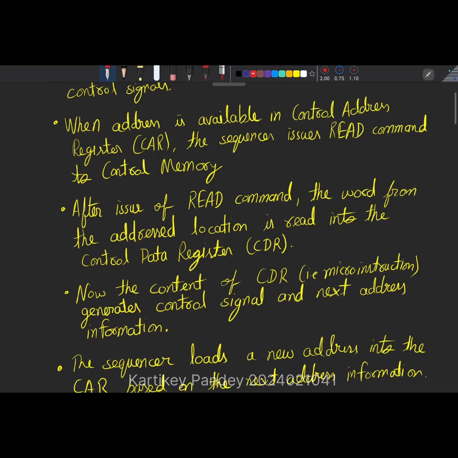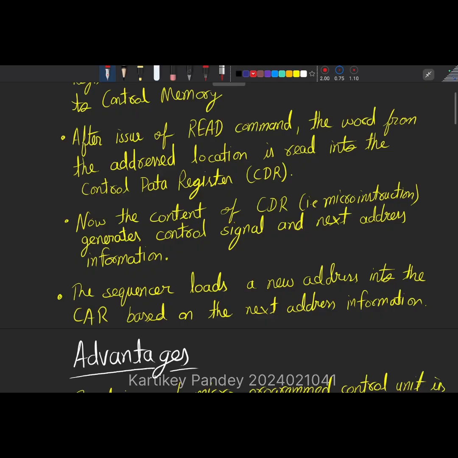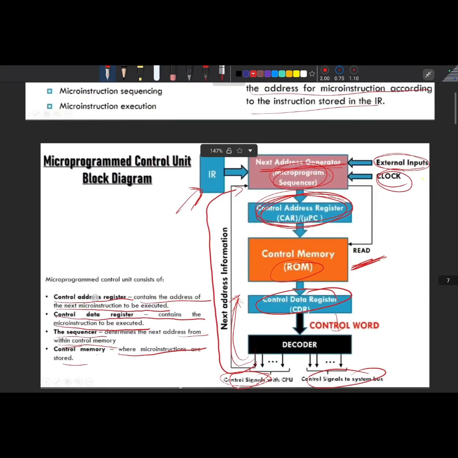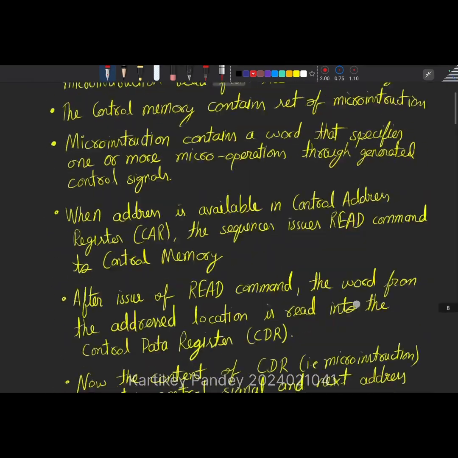Now the content of CDR, that is the micro instruction, generates control signals and next address information. Now the sequencer loads a new address into the CAR, the control address register, based on the next address information, as we had seen earlier. Here is the read command.